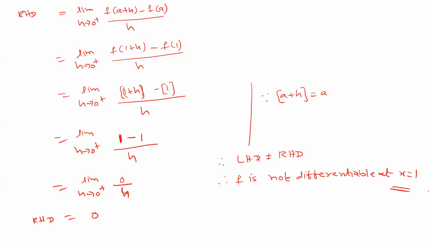Okay. Next we have to check for x equal to 2. At x equal to 2, the same will follow. So the left hand derivative is limit h tends to 0 minus of f of a minus h minus f of a divided by minus h.